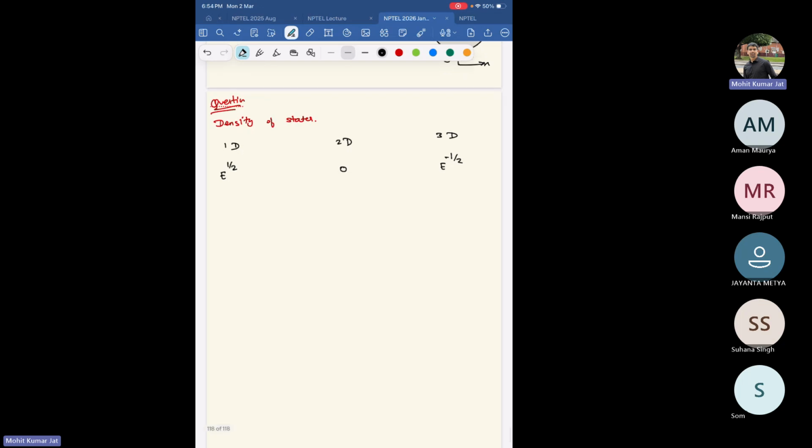If I draw density of states versus energy, this is e to the power half, and for 2D it's constant, and for 3D. That's what we have learned so far in our basic condensed matter.